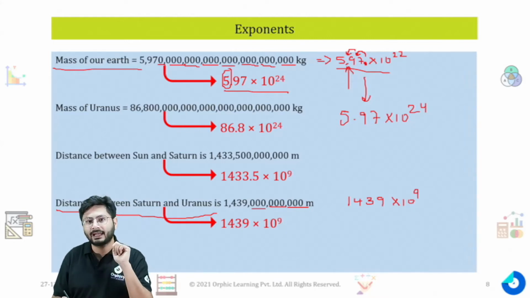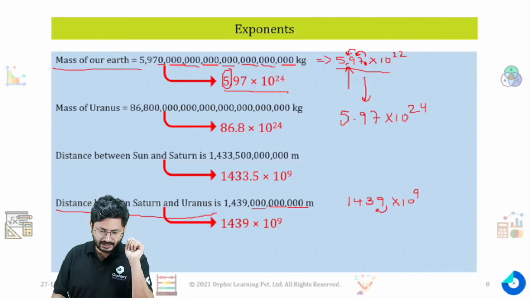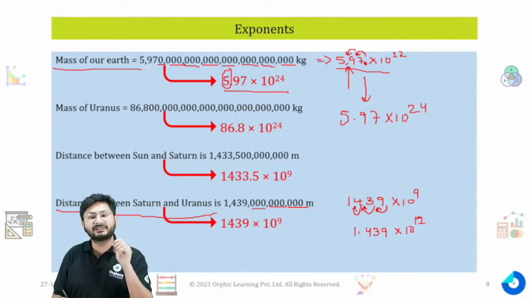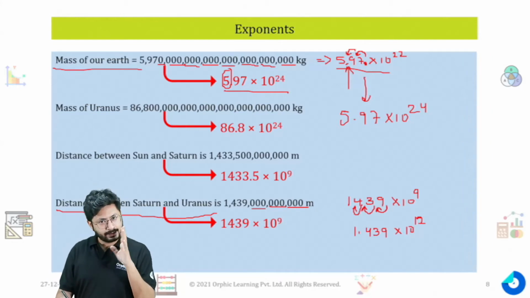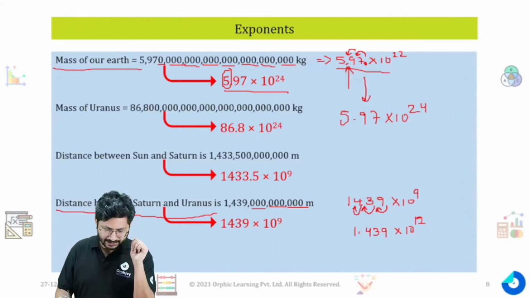The decimal is right now here, so I have to shift it leftward 3 times. Okay. So it will become 1.439 into 10 to the power 9 plus 3, that is 12, because I've shifted the decimal to the left-hand side 3 times. Okay, I hope we are able to understand this.